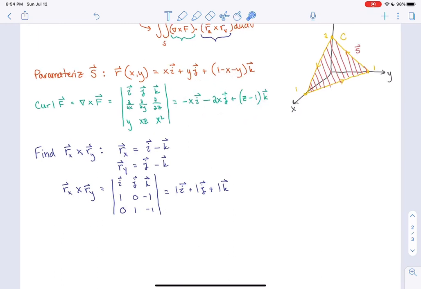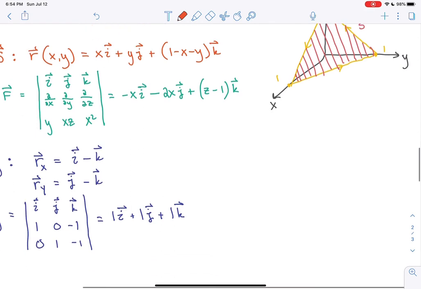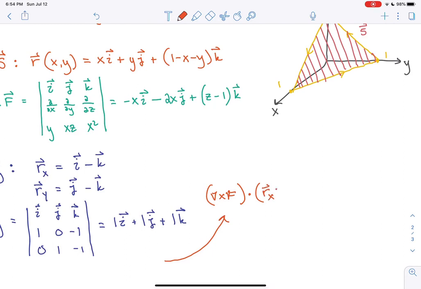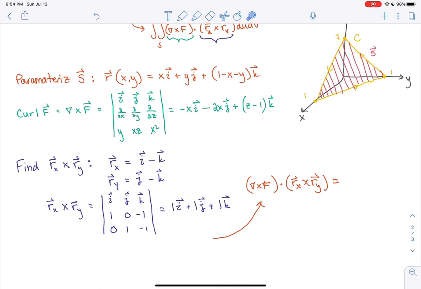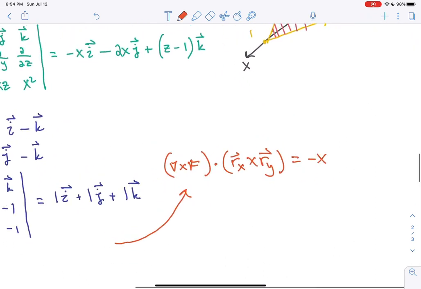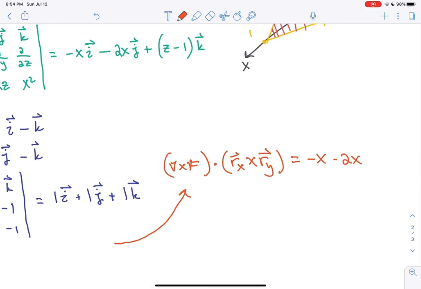Right, so over here real quick, let's just do this dotted with this, which are, again, this vector in this vector, is going to come out to be negative x minus 2x plus z minus 1.